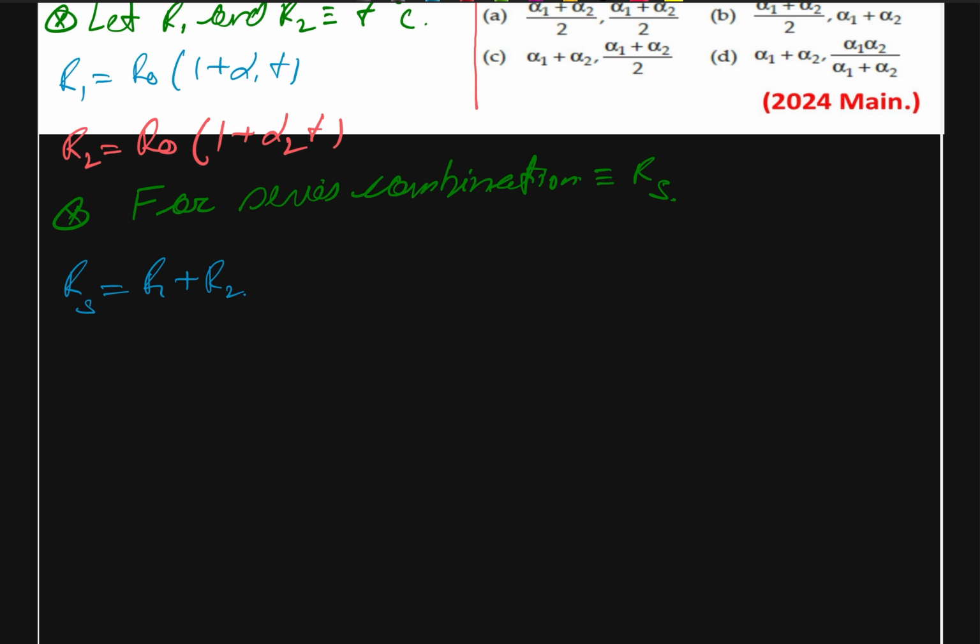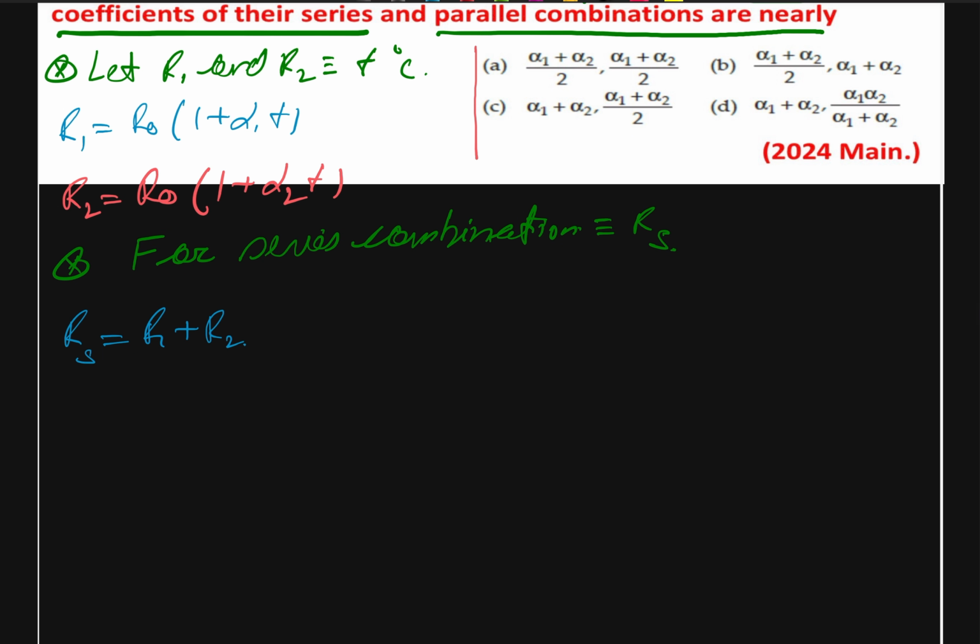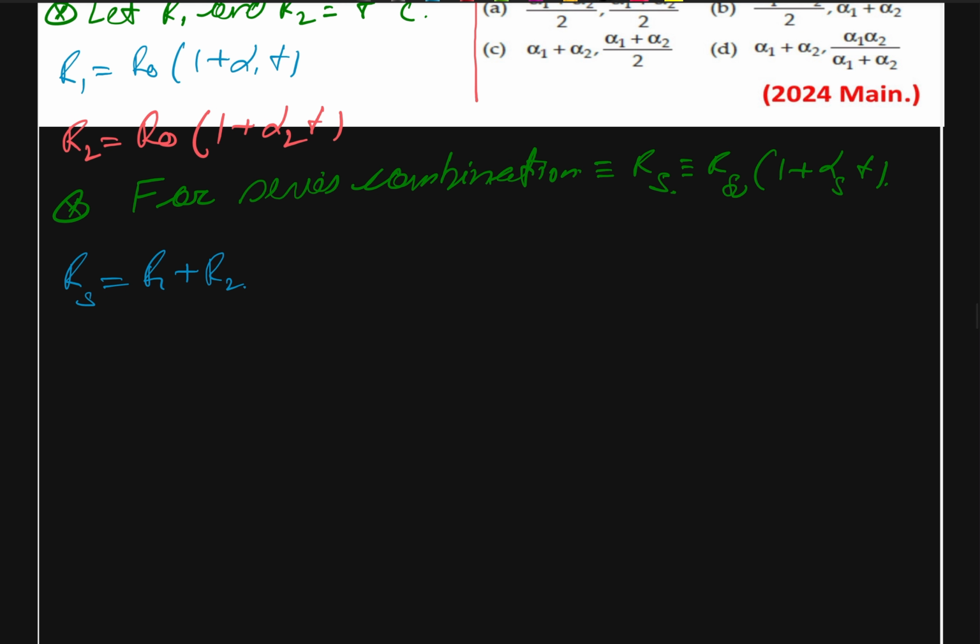And for RS we can also write this as RS naught times (1 plus alpha S multiplied by T). We substitute the respective expressions for each, so we get RS naught (1 plus alpha S T) is equal to R naught (1 plus alpha 1 T) plus R naught (1 plus alpha 2 T).